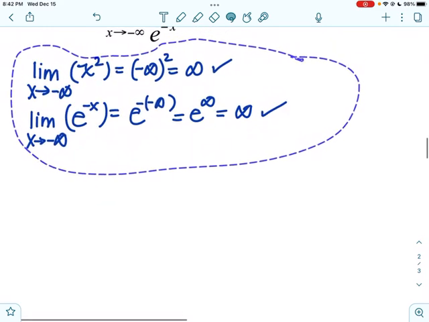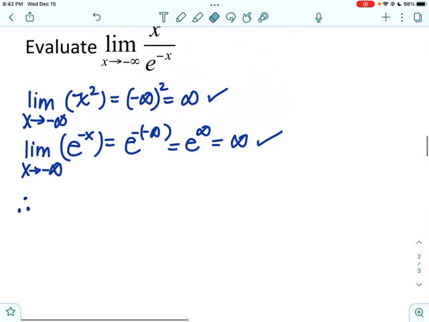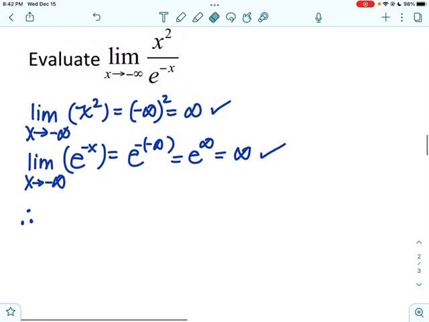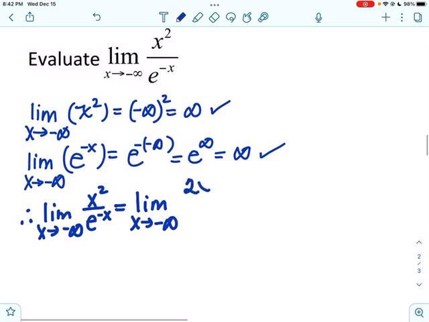So what we're going to do is we're going to say, therefore, I'll pull this down a little bit so you can see the original problem. The limit as x approaches negative infinity of x squared over e to the negative x is equal to the limit as x approaches negative infinity of 2x, taking the derivative of the numerator, over the derivative of the denominator, which is going to be negative e to the negative x power.